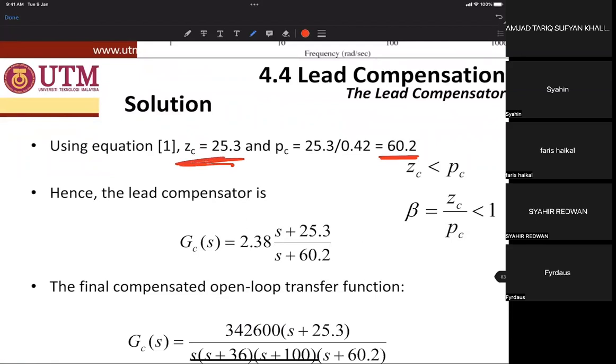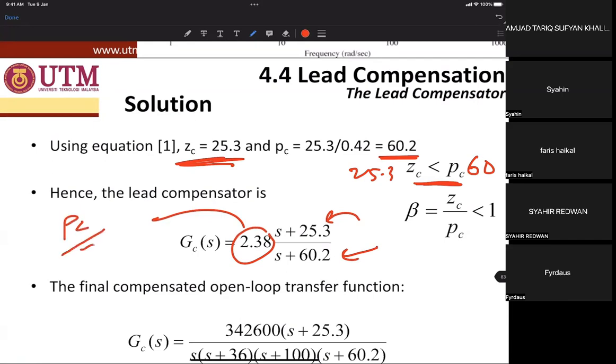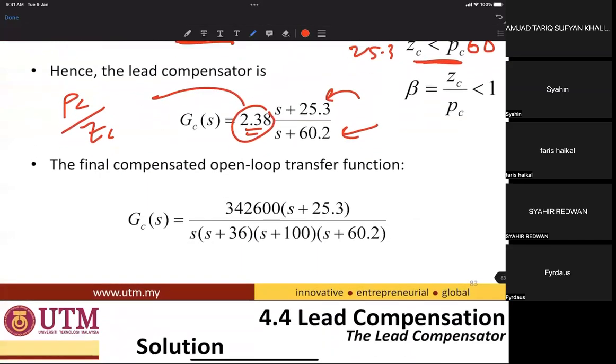So now it fulfills this one. ZC is 25.3, this one is 60, then the ratio is less than 1. So you put it inside here. And then this is the gain, which is PC divided by ZC, producing 2.38.